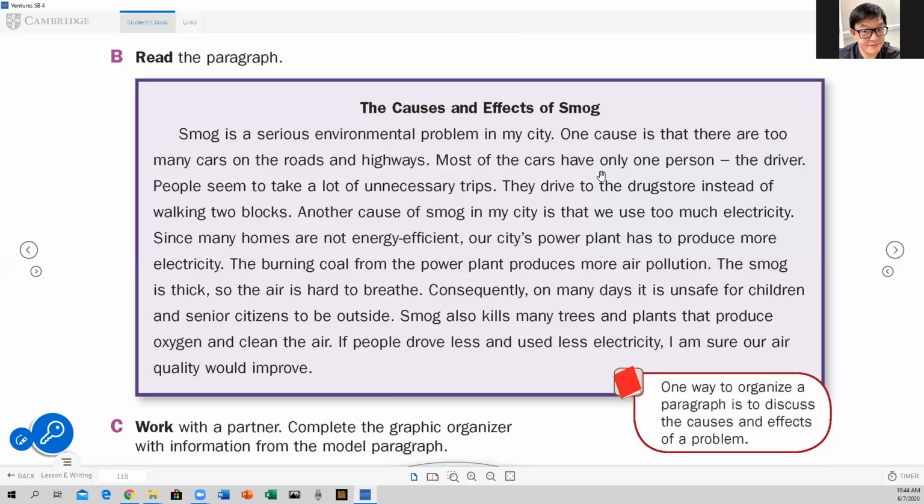Most of the cars have only one person, the driver. People seem to take a lot of unnecessary trips. They drive to the drugstore instead of walking 2 blocks.